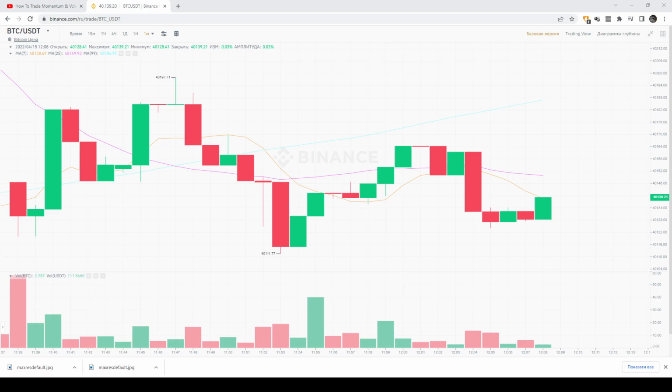Squeeze is a volatility and momentum indicator, which is based on the tendency for price to break out strongly after consolidating in a small price action range.